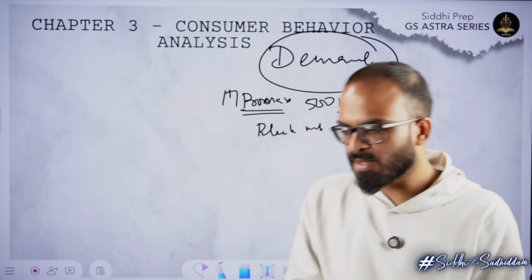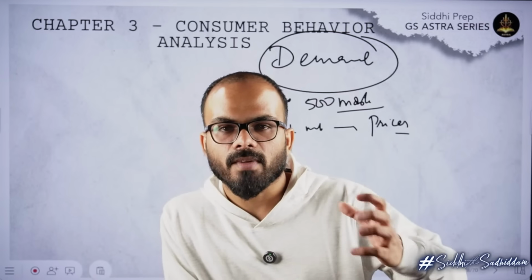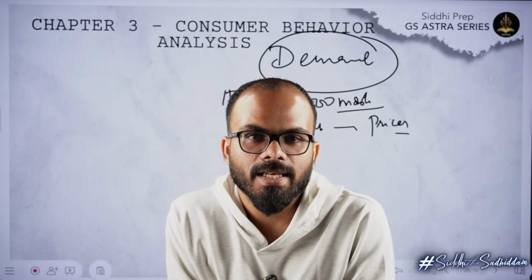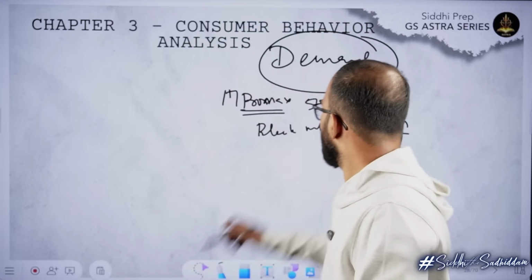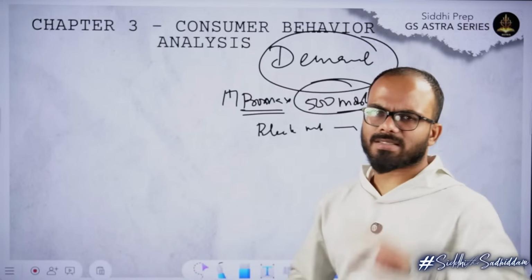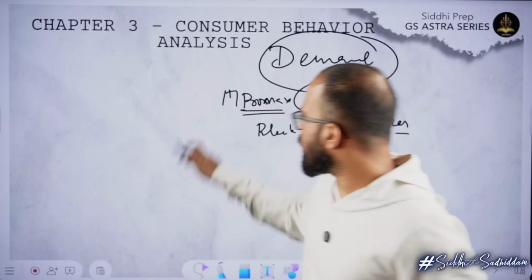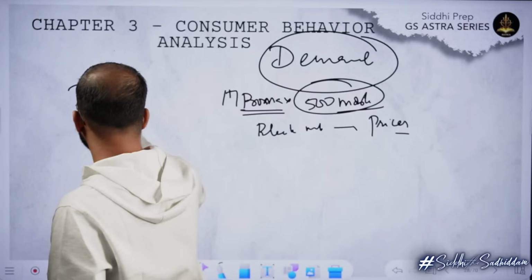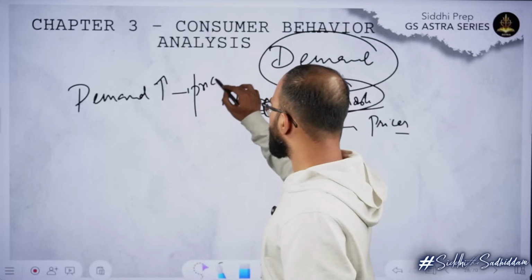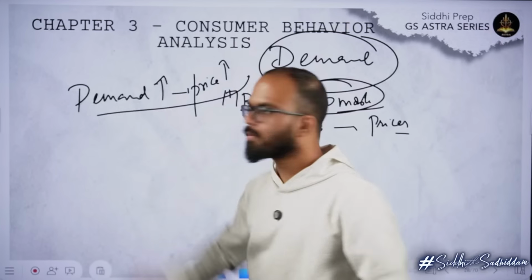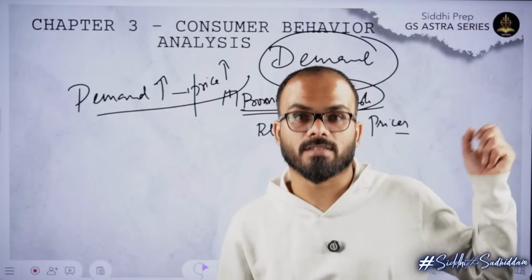It's pretty simple. If there is more demand and the supply is the same, the number of iPhones in the city is just 500 and not increasing, then obviously as demand increases, this will lead to price increase, provided all the other factors remain the same.